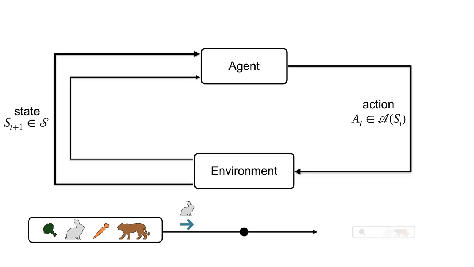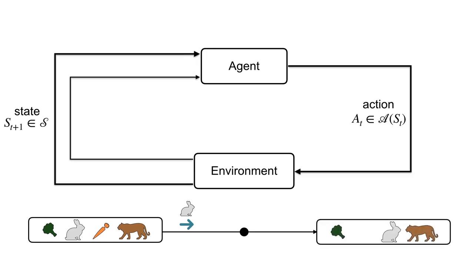One time step later, based in part on the agent's action, the agent finds itself in a new state S_{t+1}. For example, this state where the rabbit is next to the tiger. The environment also provides a scalar reward, R_{t+1}, drawn from a set of possible rewards, script R. In this case, the reward is plus 10 for eating the carrot.